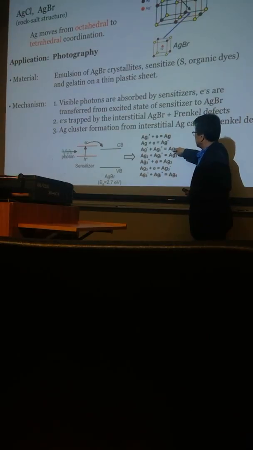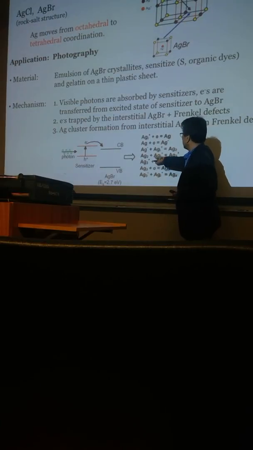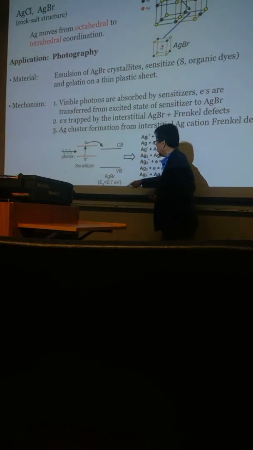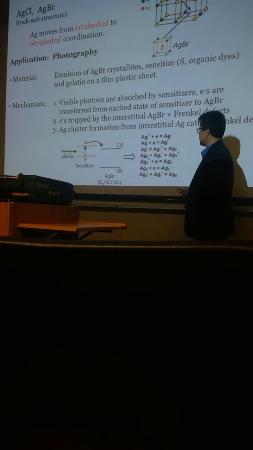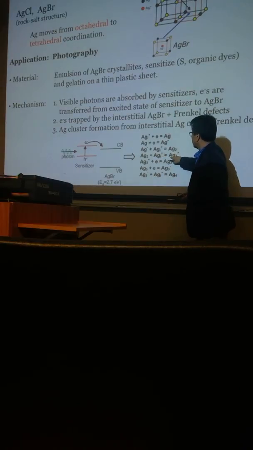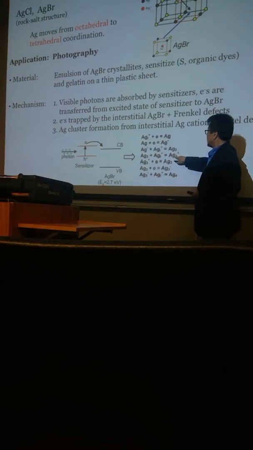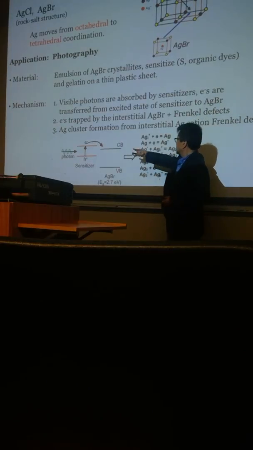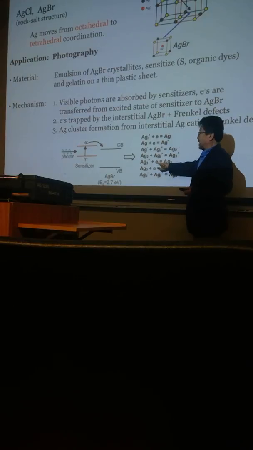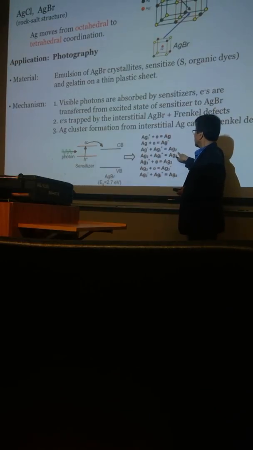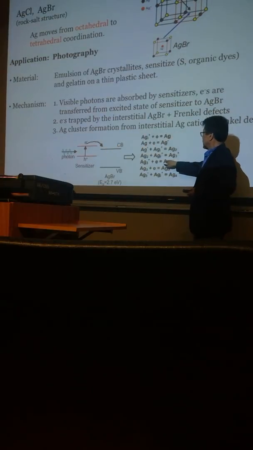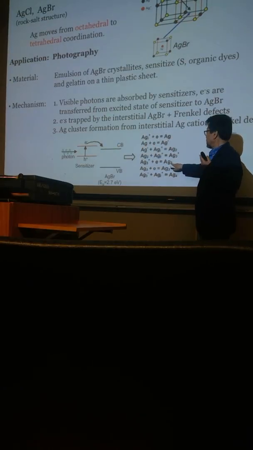If you're creating silver, you can have another plus ion, because silver bromide has a lot of silver ion. It creates a trimer of silver, which is plus. With another electron, the trimer with plus will react, and then we're creating a neutral trimer.